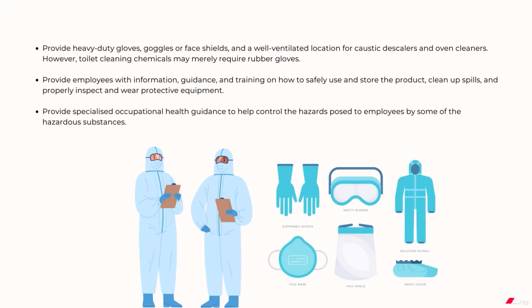Provide employees with information, guidance, and training on how to safely use and store the product, clean up spills, and properly inspect and wear protective equipment. Provide specialized occupational health guidance to help control the hazards posed to employees by some of the hazardous substances.